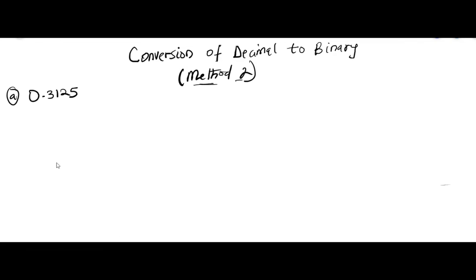So guys, without wasting much time, let's use the second method to convert 0.3125 from decimal to binary. Let's do that and check if we are going to have the same answer as what we got using the first method. All right, so in this second method, we are going to multiply 0.3125 successively by 2.